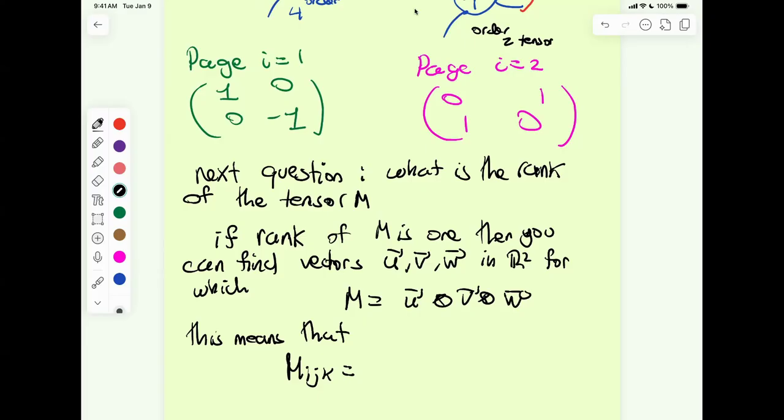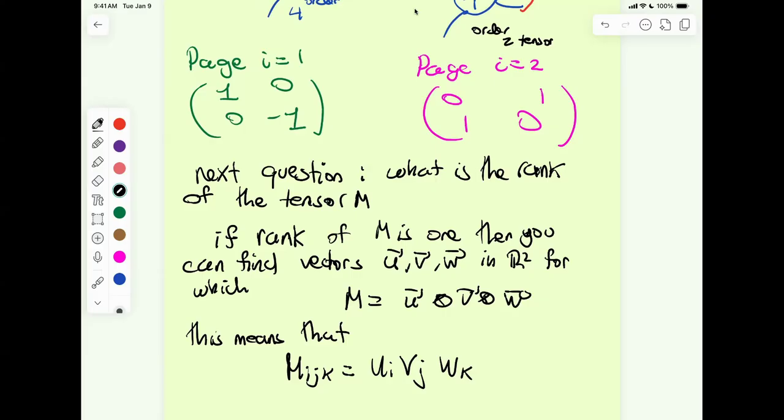So it would be u_i times v_j times w_k. So the entry ijk of this tensor is just the product of the entries of the vectors. Okay.